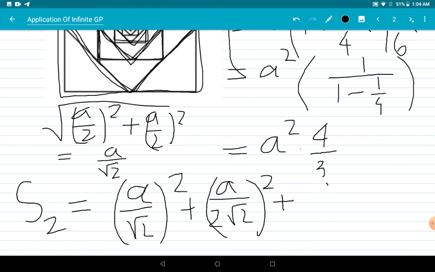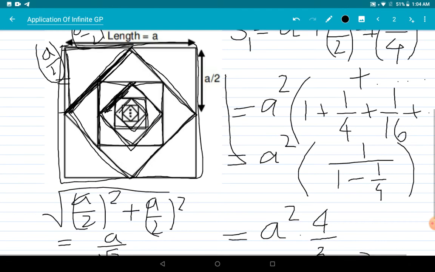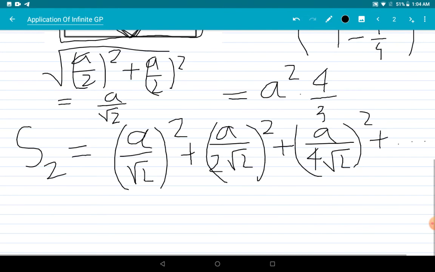And again we will write (a by 4 root 2) the whole square. We can see it will be in that type of series, because this side will be a by 2 root 2, and similarly this one will be a by 4 root 2, and so on and so forth up to infinity.